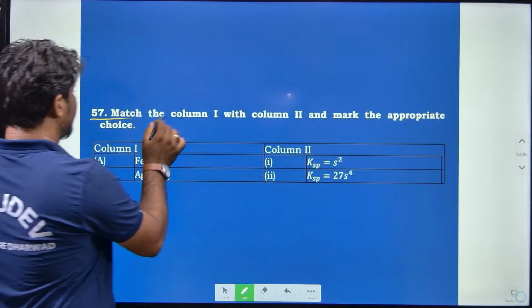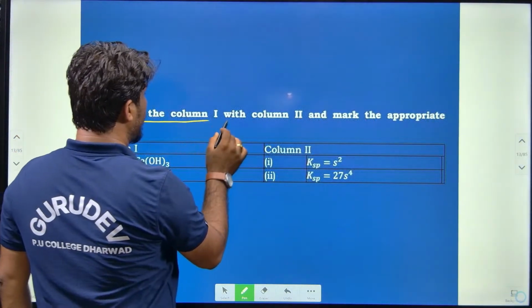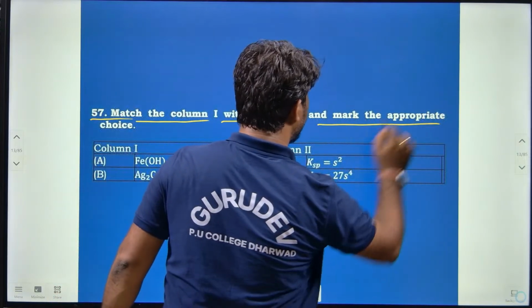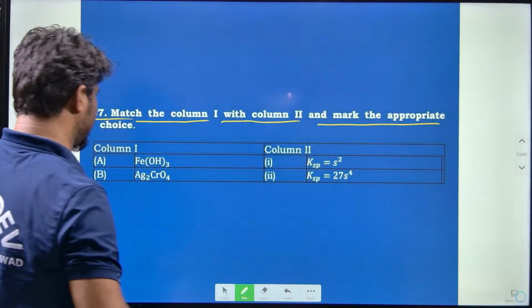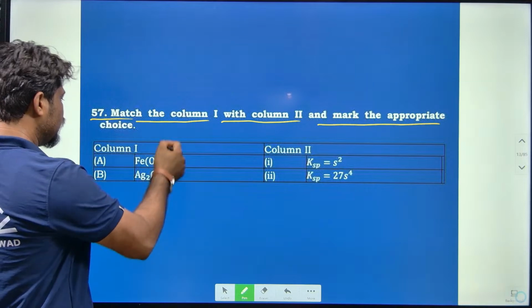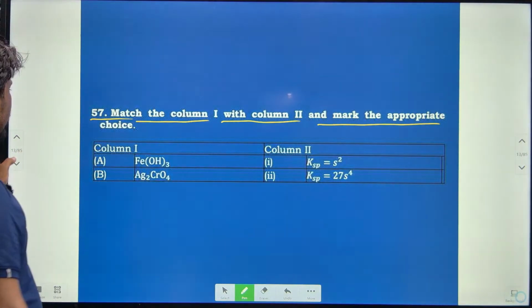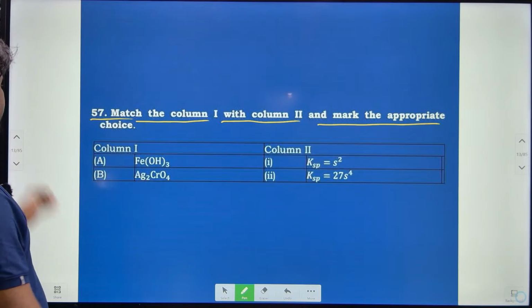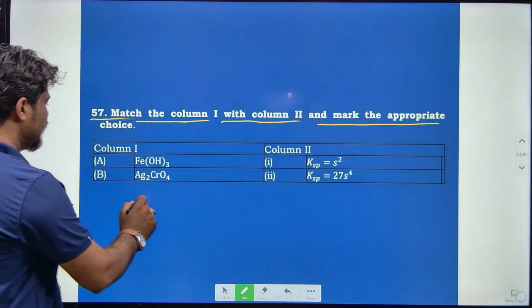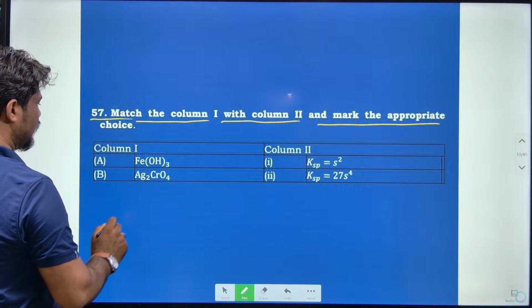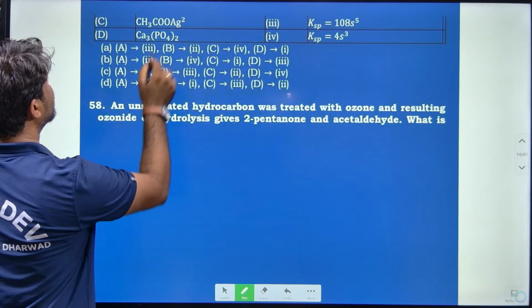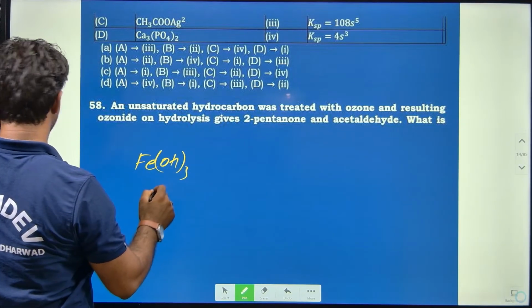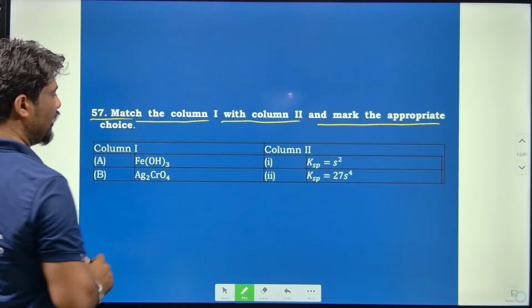Question number 57. Match column 1 with column 2 and mark the appropriate choice. In column 1, Fe(OH)3 is given.